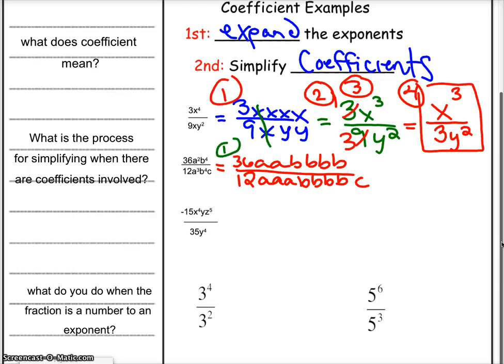Now I'm going to go to step 2, which is rewrite. Cross, cross, cross, cross, cross, cross. On the top I have 36, just 36, right? I cross everything else out. Over 12, I have an A there, and I have a C left.